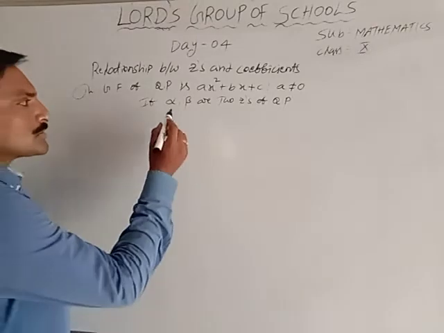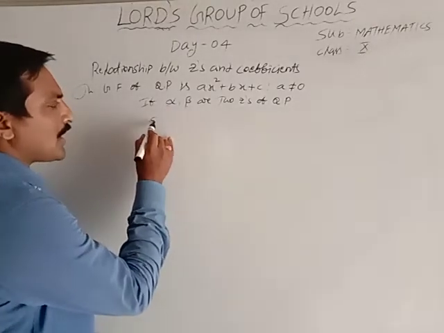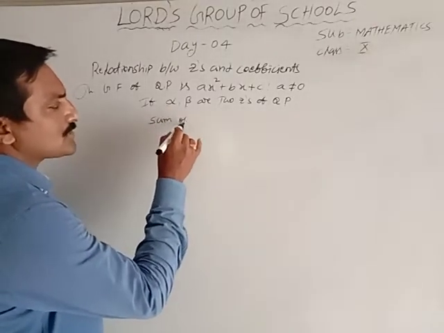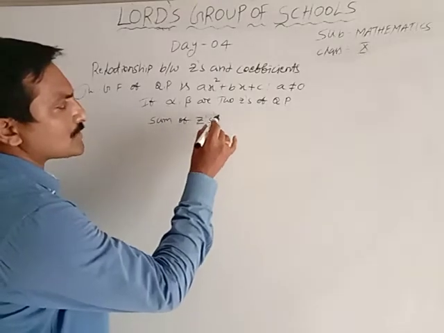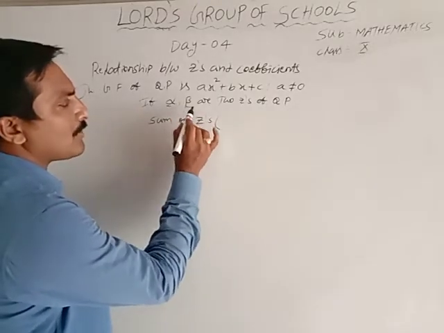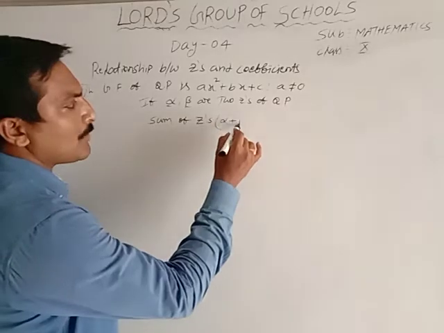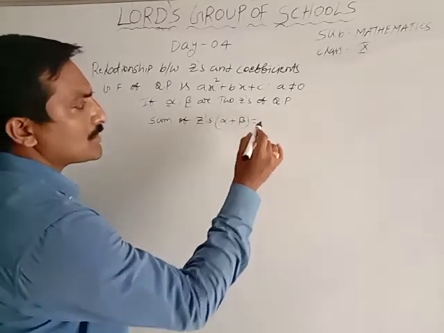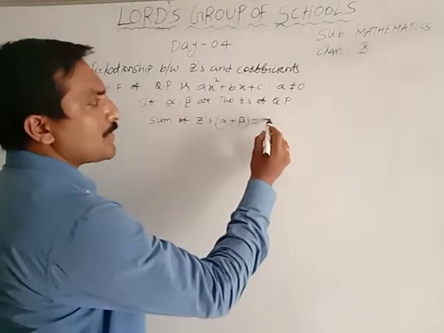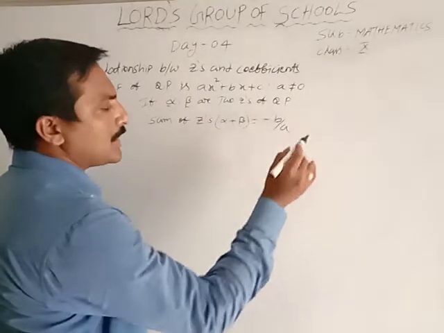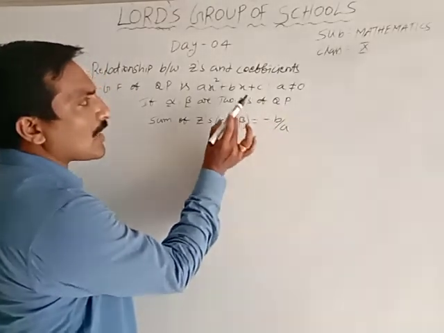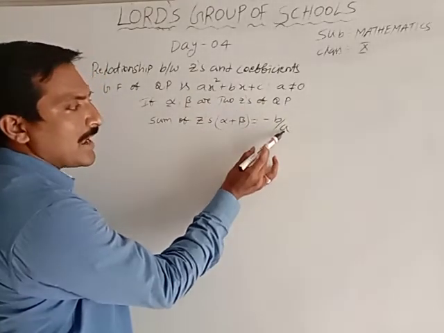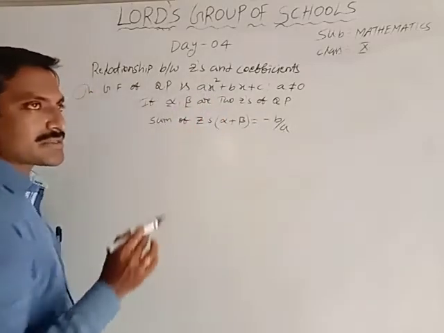Now, alpha plus beta means the sum of zeros, where the zeros are alpha and beta. Then you write alpha plus beta is equal to minus b by a, where b is the coefficient of x and a is the coefficient of x square.